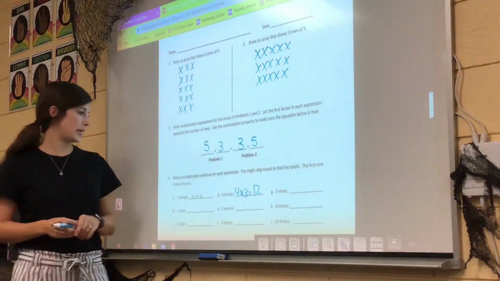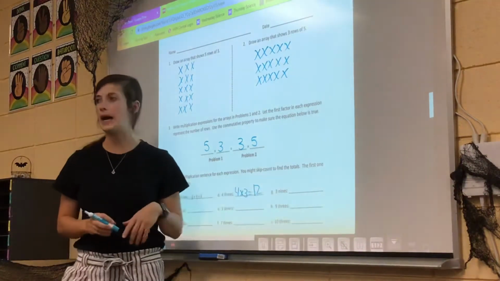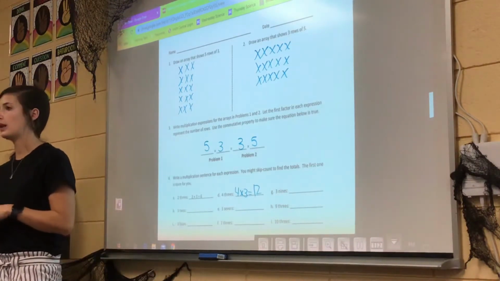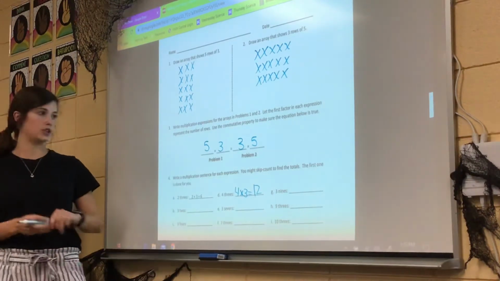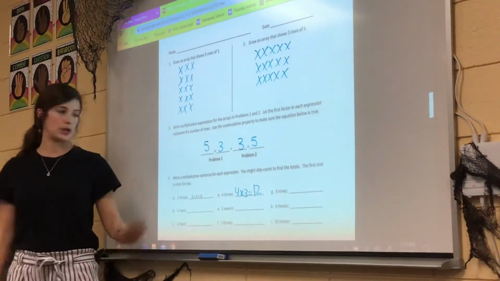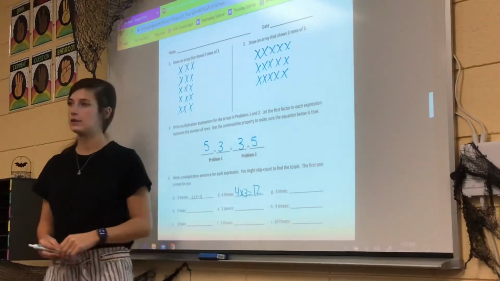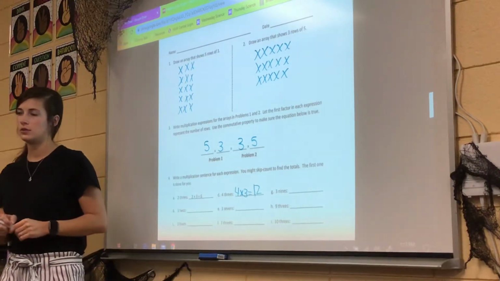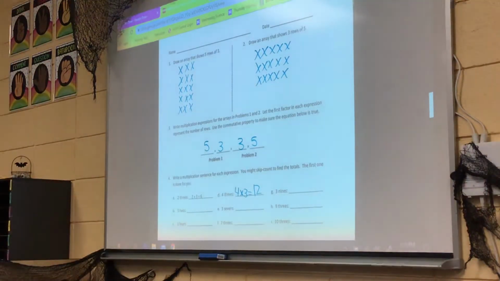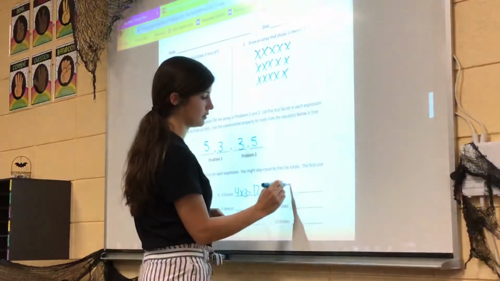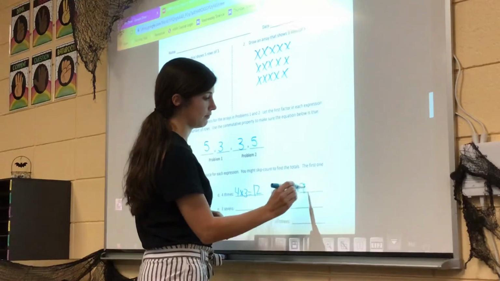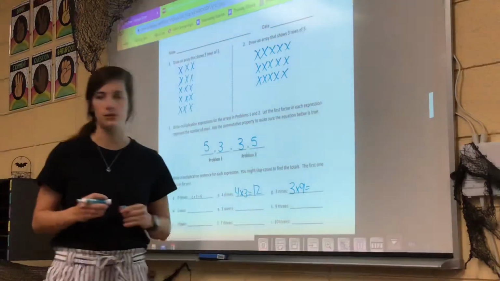What about G? 3 9s. What will our multiplication sentence look like? 3 9s on G. Yep, straight across. We're going straight across. 3 9s. What do you guys think? Who thinks they have it? 3 times what? 3 times 9 equals? 15?